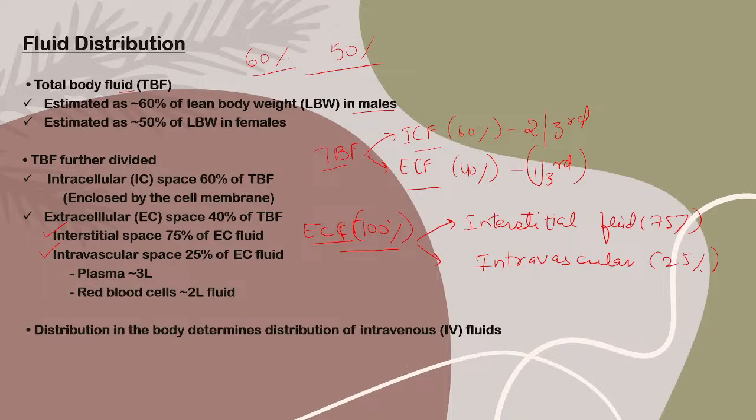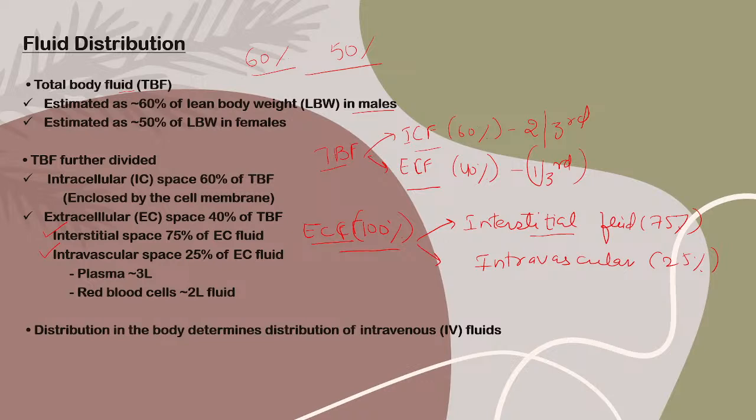Interstitial is around the tissues, and intravascular, as the name says, is in and around the vessels. In the intravascular space there is plasma and red blood cells.